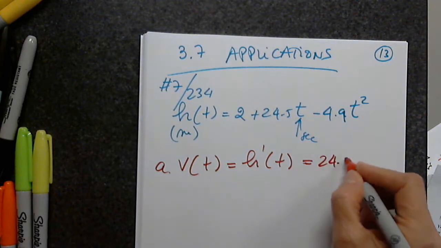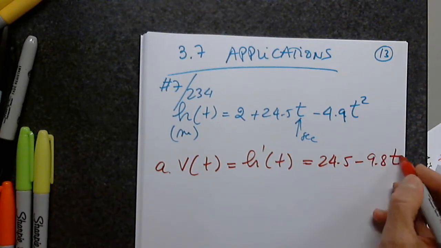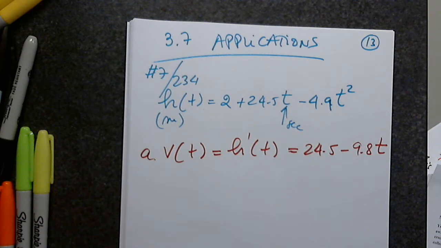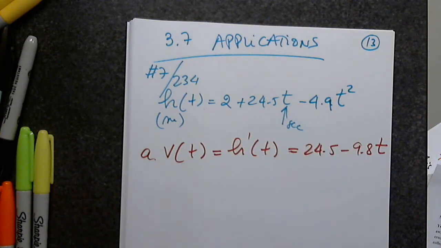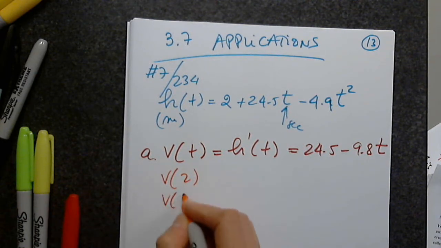So 24.5 minus 9.8t. So this is the function that represents the velocity, which is the rate of change of the distance with respect to time at any point where the function is differentiable. But this function is a polynomial function, always continuous and differentiable. Okay, so now they are asking us to find v of 2 and v of 4.